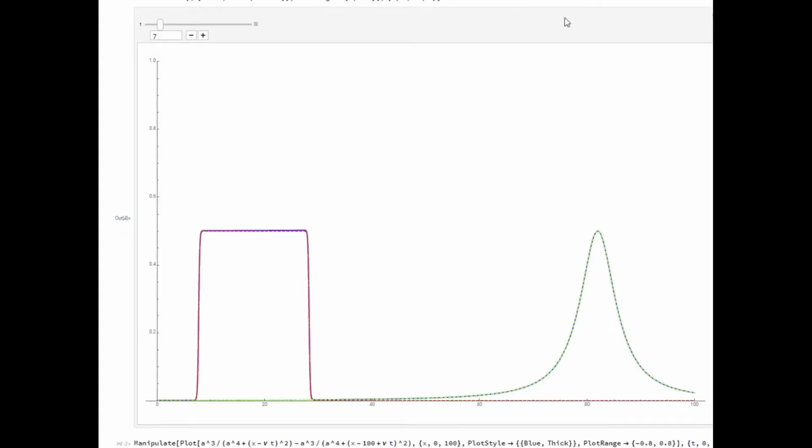I want to look at that interaction again, but this time I'm going to plot each pulse separately and the combination of the two pulses so that we can see what's happening with all three. So the solid blue line is going to be the actual combination. Think of that as what the rope would actually look like if these were two pulses on a rope.